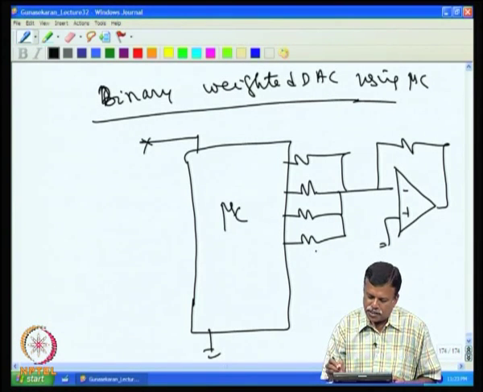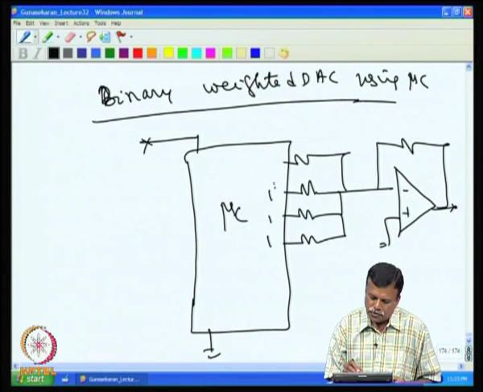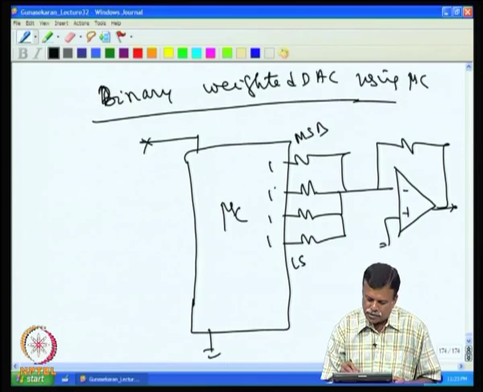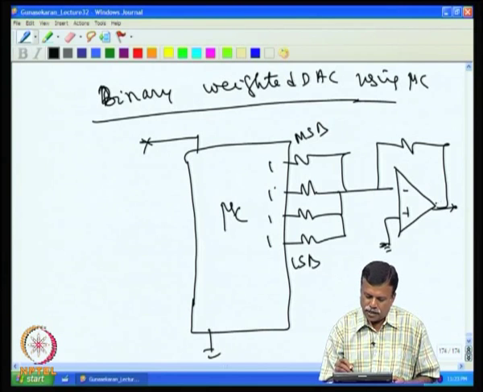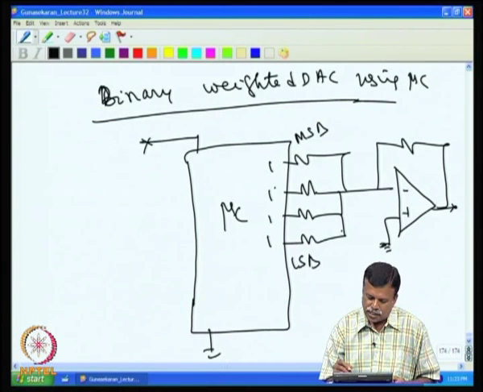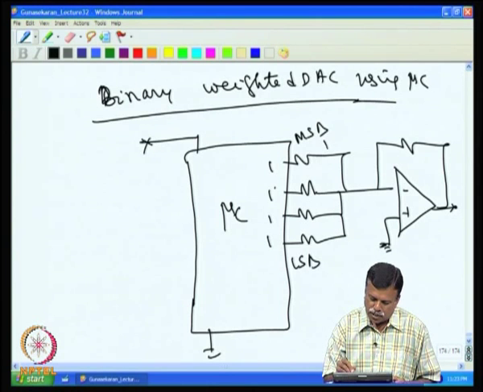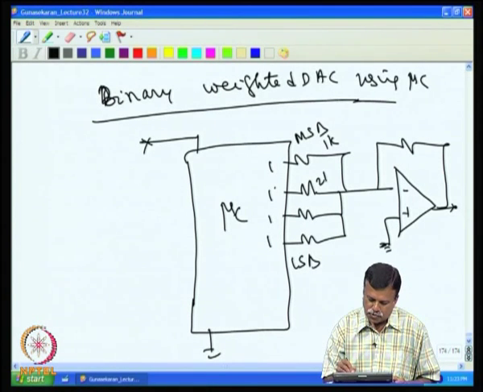For example, for a 4-bit converter, if all of them are 1, with this being MSB and this being LSB, then I will have the output voltage corresponding to the digital word. Of course, the resistors are to be scaled correctly. For example, if this is 1K, then the next one has to be 2K, then 4K, 8K.